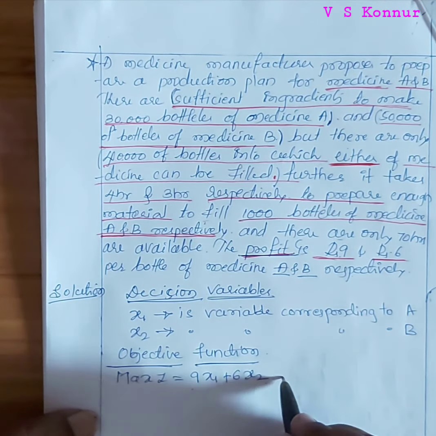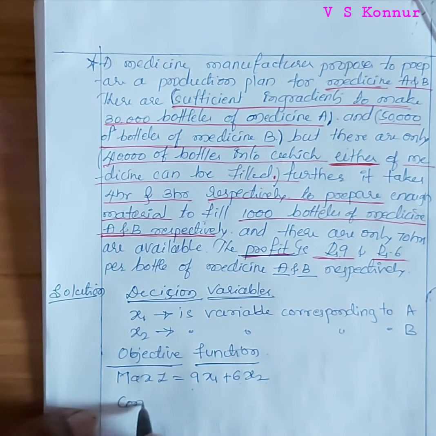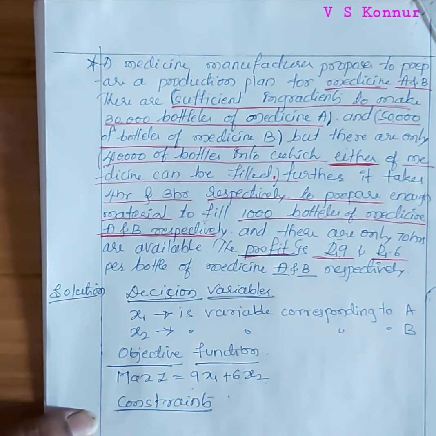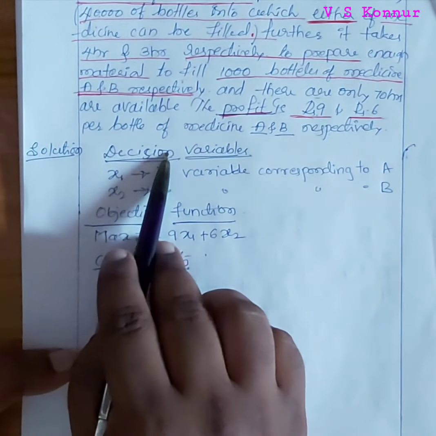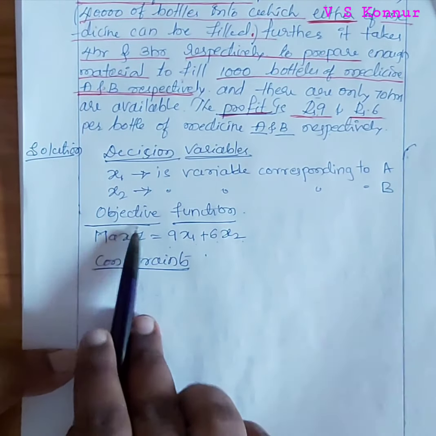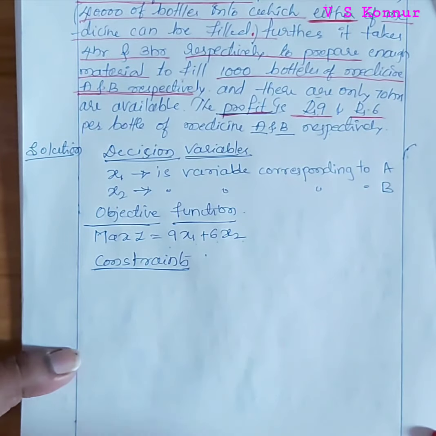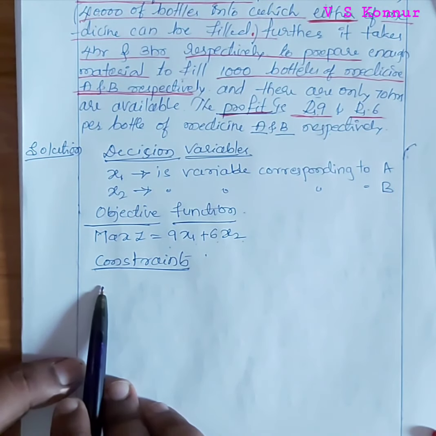That is the objective function. Then we have to define the constraints. Always follow the procedure: first define decision variables, then go for the objective function, then go for constraints.